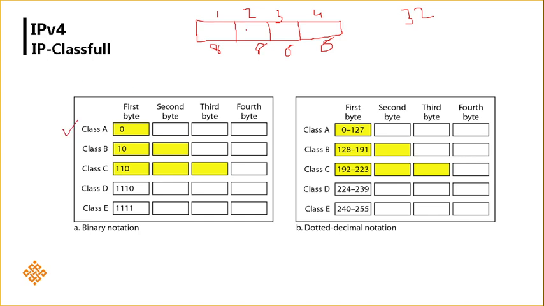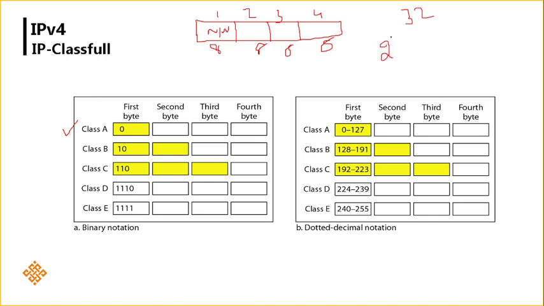In class A, out of these 32 bits, the first byte, that is the first 8 bits, is reserved for the network ID. The remaining 3 blocks, that is 24 bits, are reserved for the host ID. So how many systems can we connect?